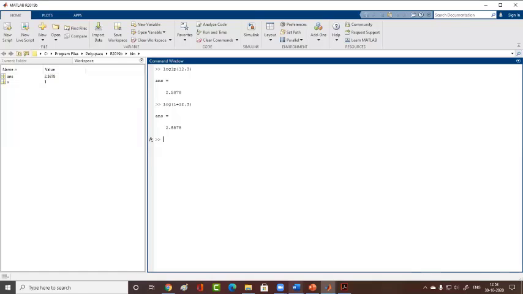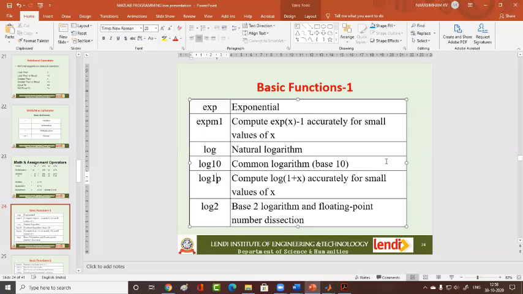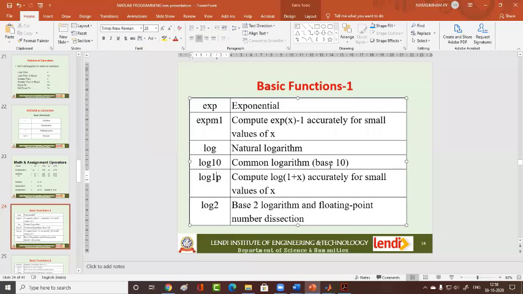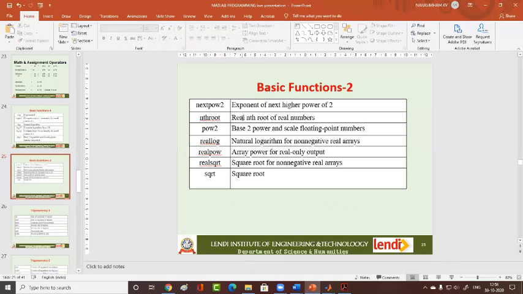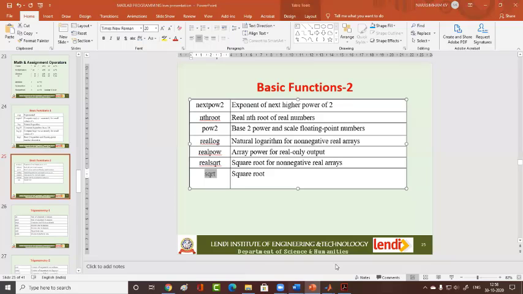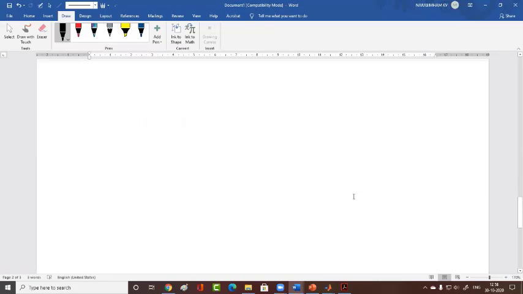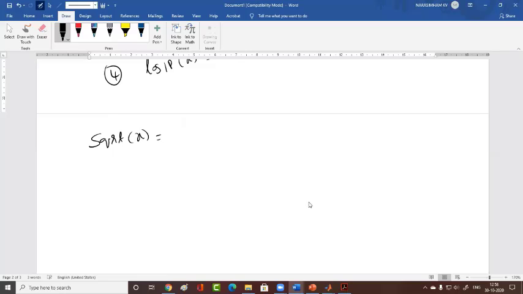Now coming to the next one. We already discussed the simple basic functions. Another basic function, all these are not much important, but the last one is most important: square root of x. SQRT of x is nothing but the square root of x.